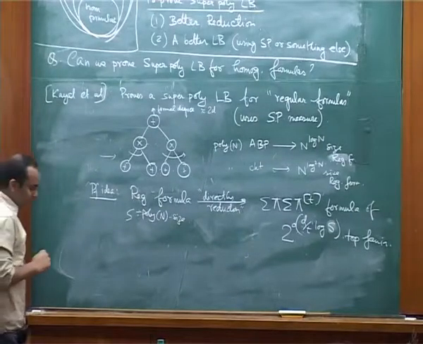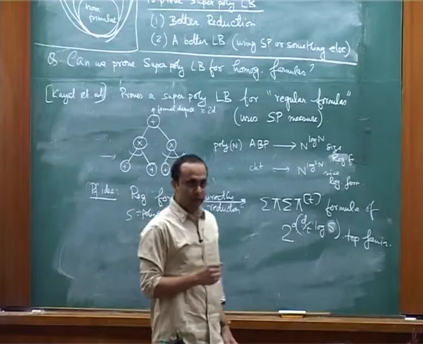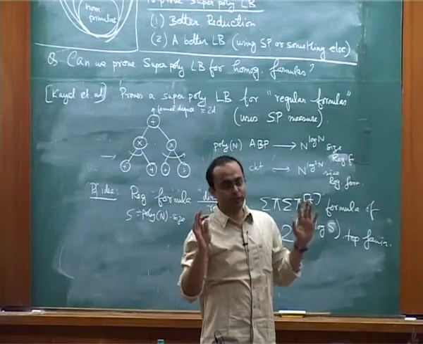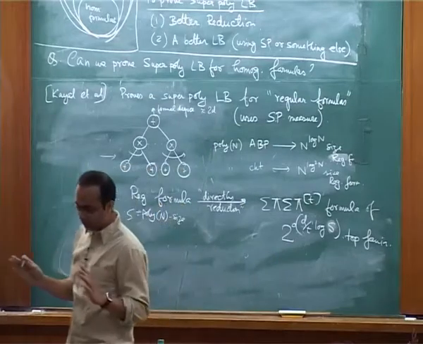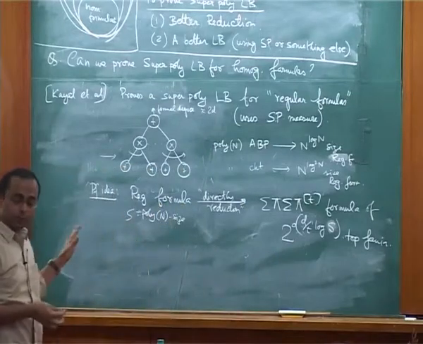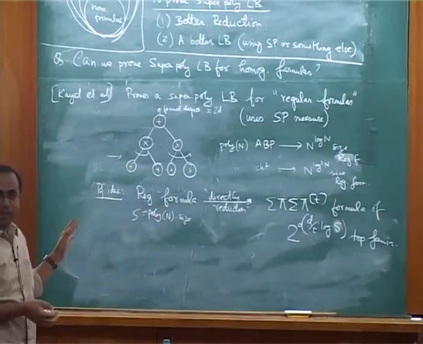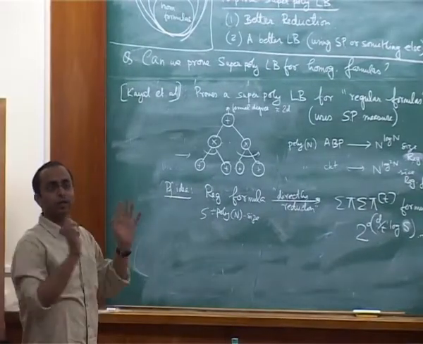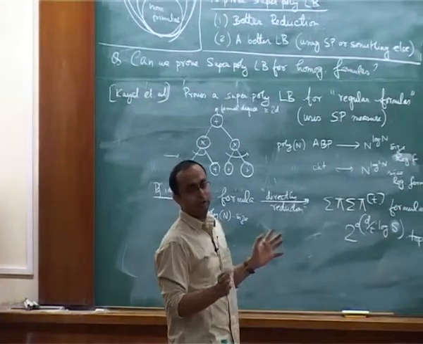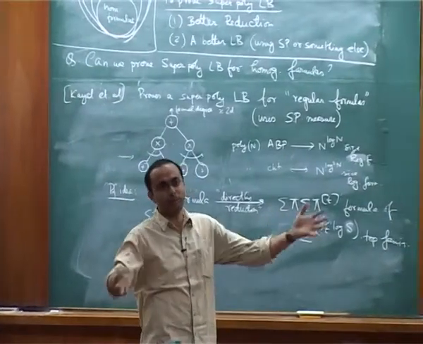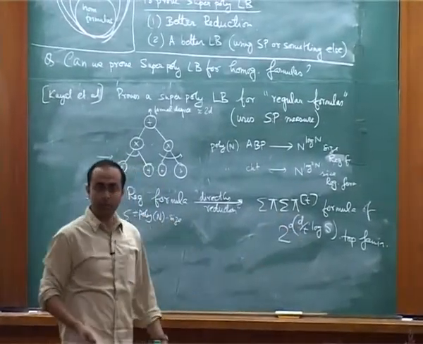Right. So the natural question now here is, are we there? If our motivating question is proof of super polynomial lower bound for homogeneous formulas, and we have proved the super polynomial lower bound for regular formulas, can we now show that every homogeneous formula can be computed by a small sized regular formula? That means regular formulas capture homogeneous formulas tightly. Can we show that?